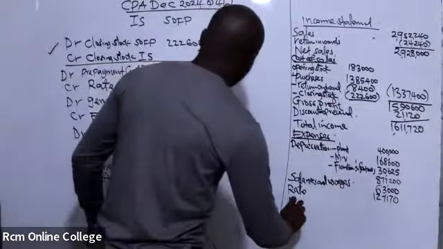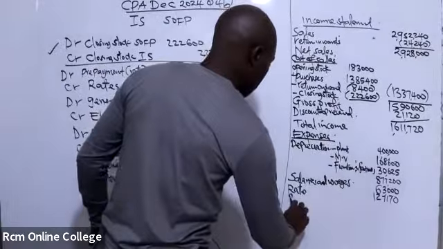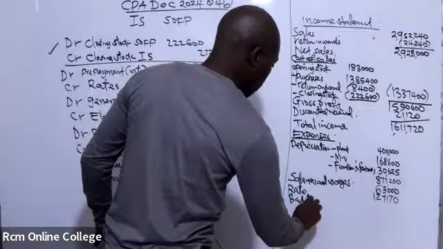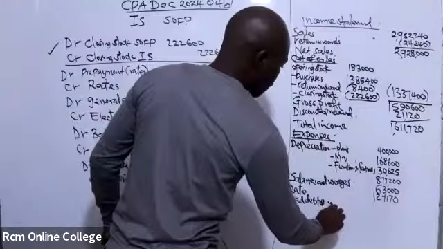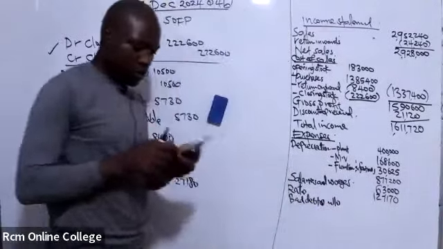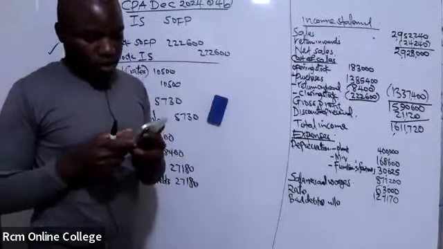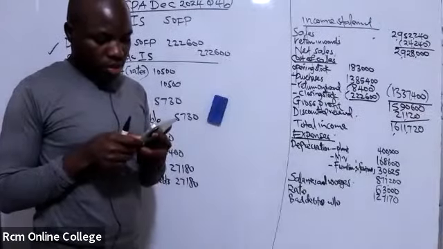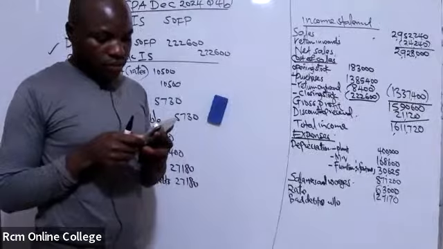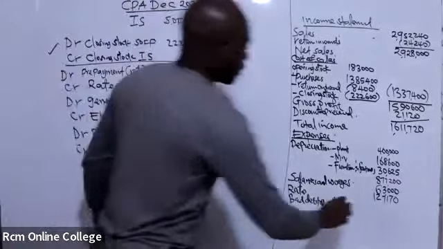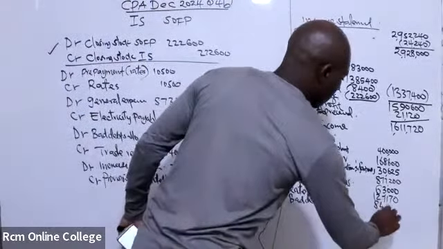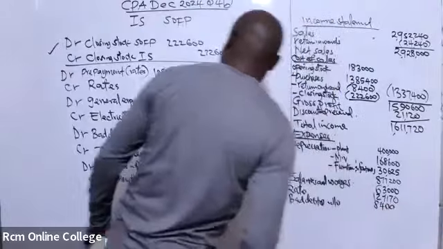Bad debts written off as an expense. Do we have an existing bad debts written off? An existing bad debts written off, we are not having. So you don't need this one here, 8,400. Right? 8,400.